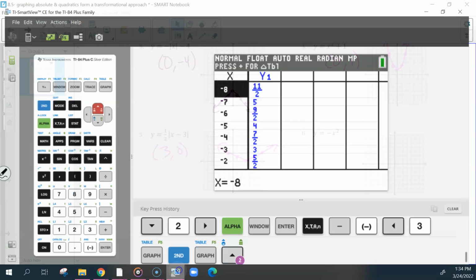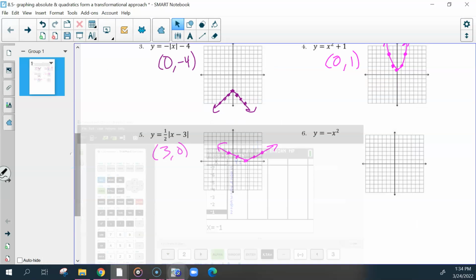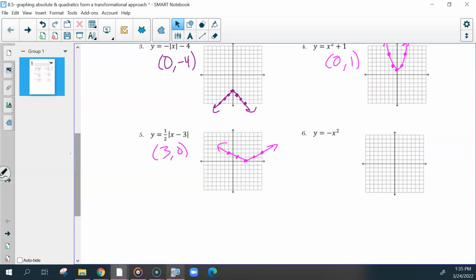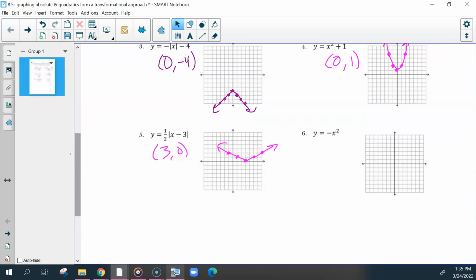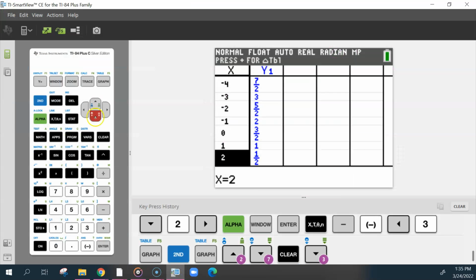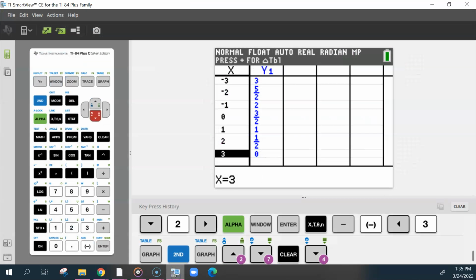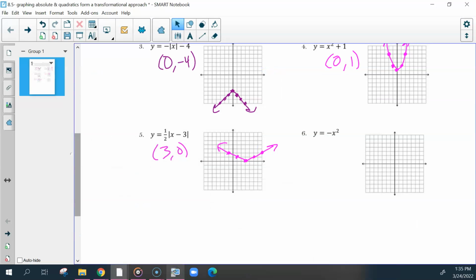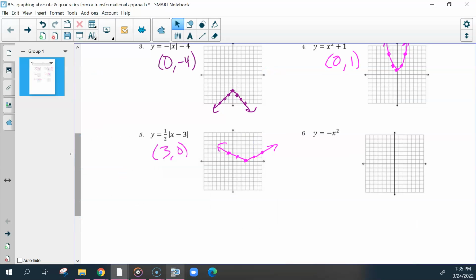So starting with negative 1, I have negative 1, 2, which is right, and then I have 1, 1, and then we have 3, 0, and then we have 5, 1, and then 7, 2. So that works.